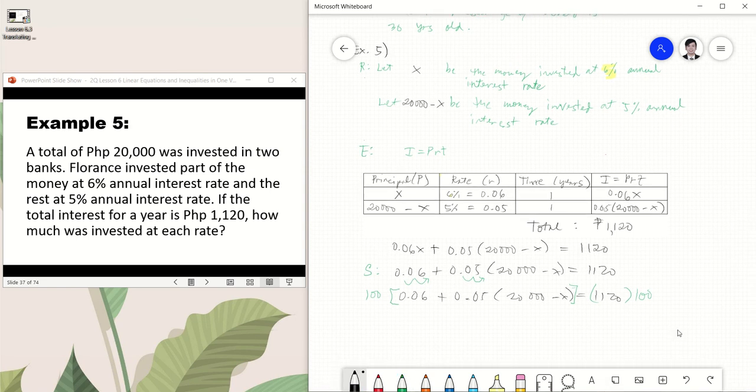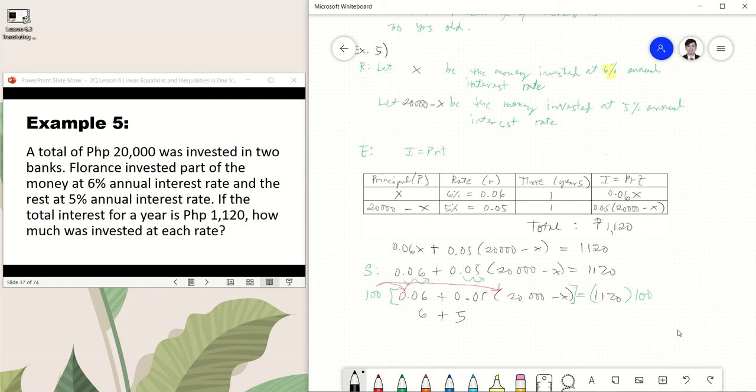So ang mangyayari dito, didistribute natin yung 100 natin to 0.06. Magiging 6 na yan. And then, yung 100, doon naman sa ikalawang interest natin. But 100 times 0.05, dito lang natin siya i-multiply, kasi they belong in one term lang naman. Ito. Lahat sila. So 100 times 0.05, magiging 5 na siya.